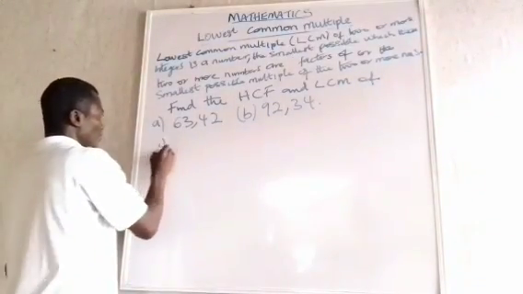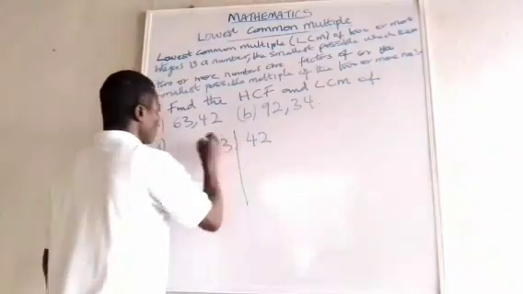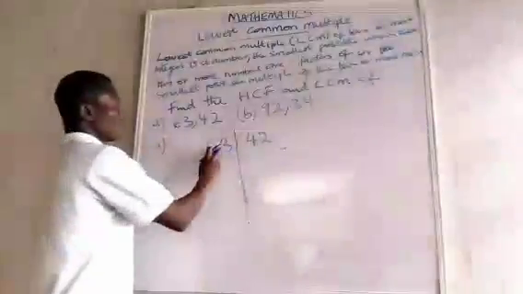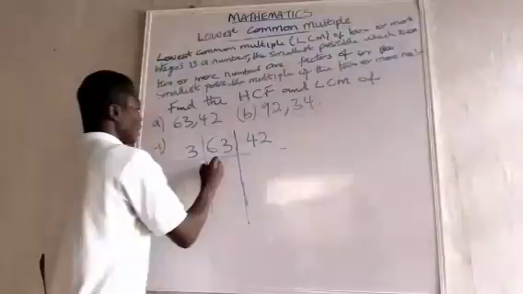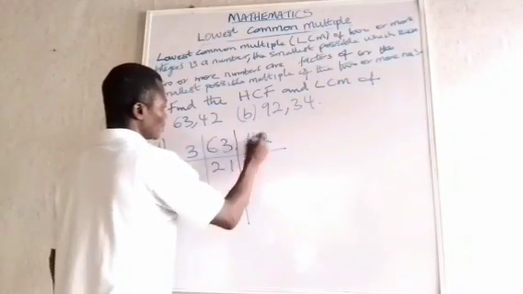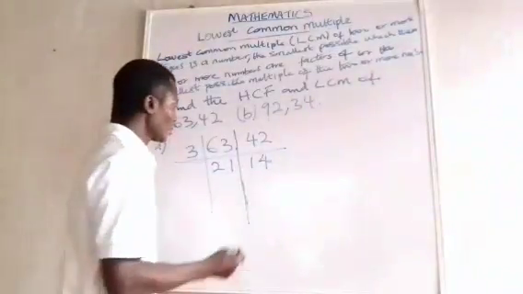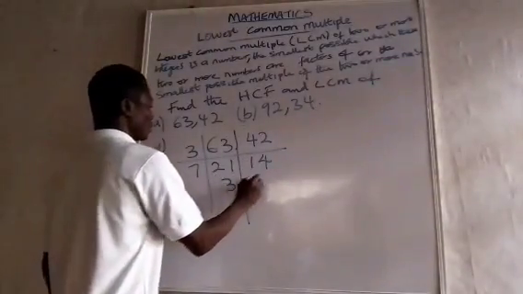Let's do the first one. Now we have 63 and we have 42. Now, if you look at these two, 3 goes into both. You can see that 7 is a convenient number that goes into the two. 7 goes there. 3, 2.